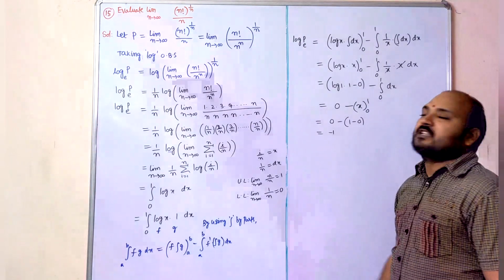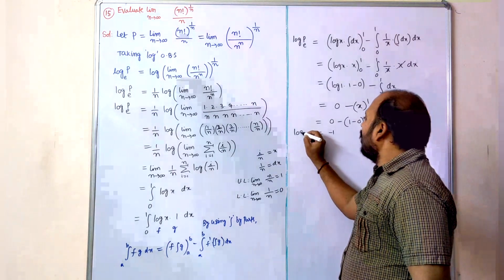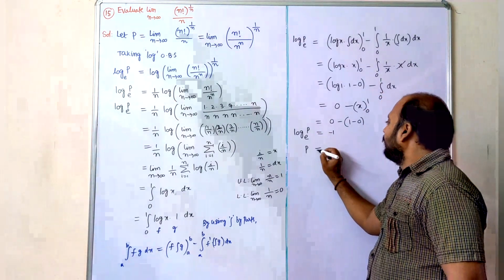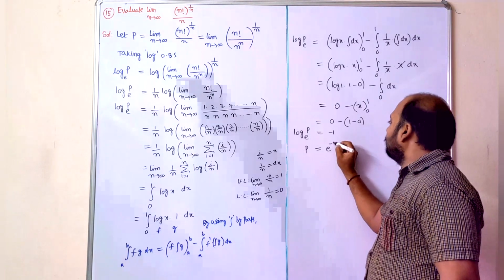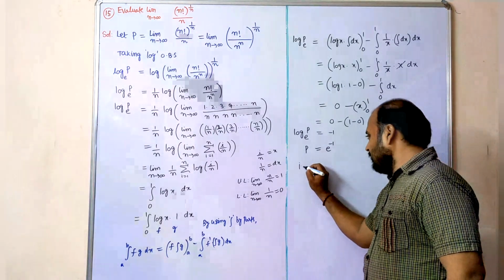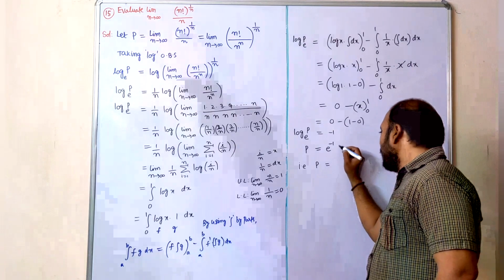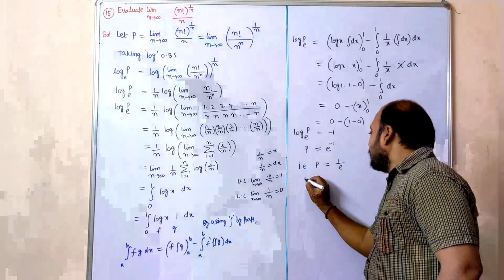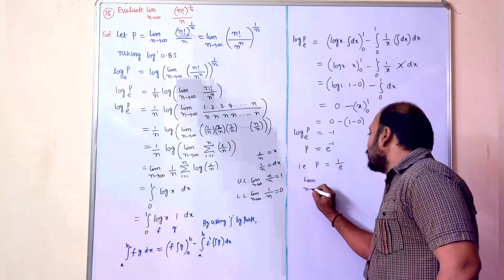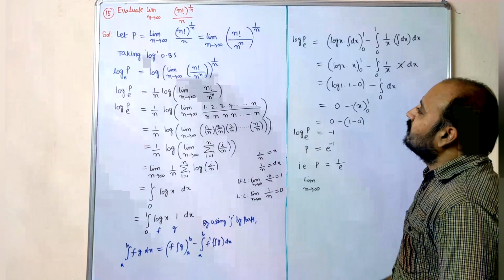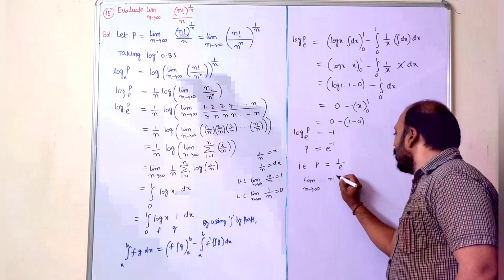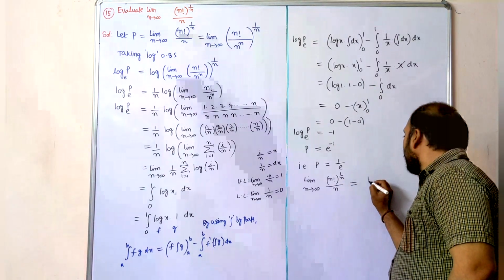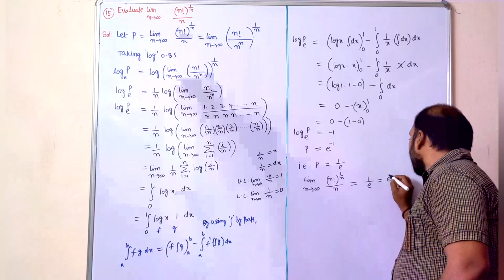So ultimately minus 1. Log p to the base e is equal to minus 1, p equal to e power minus 1, that is p equal to 1 by e. Therefore p, which is limit n tends to infinity (n factorial) whole power 1 by n divided by n, is equal to 1 by e, that is e power minus 1.